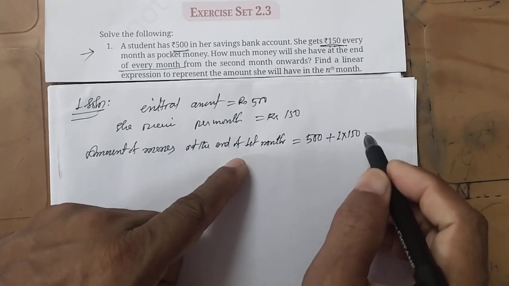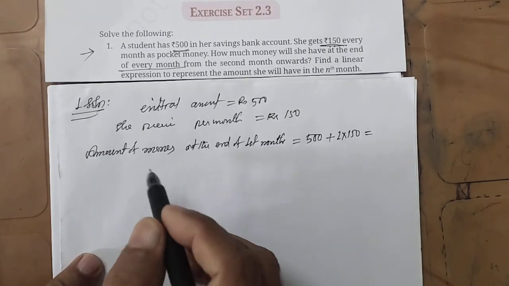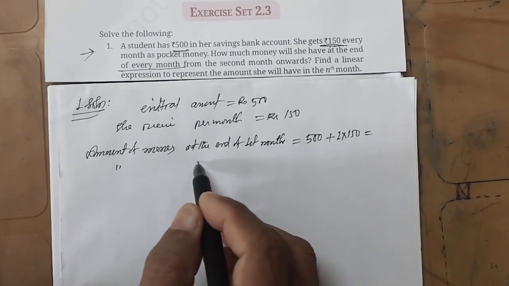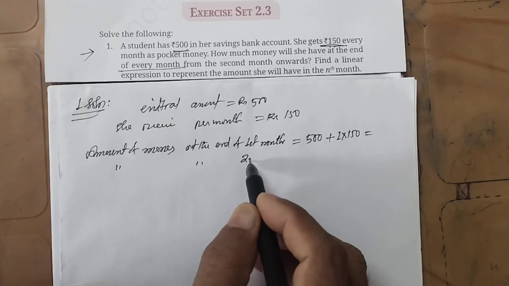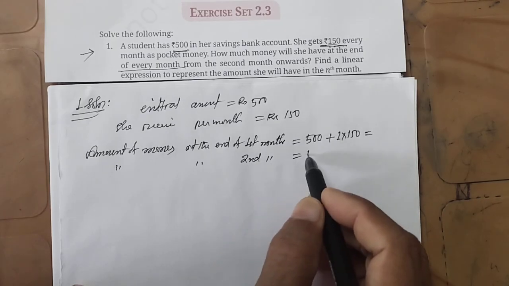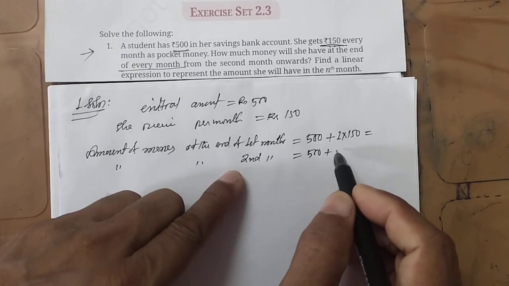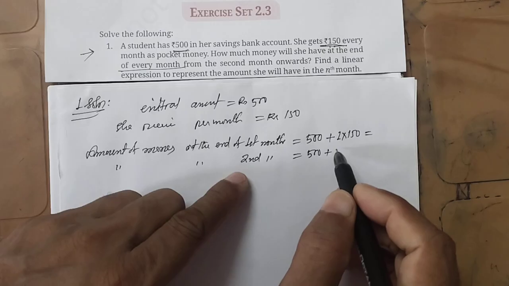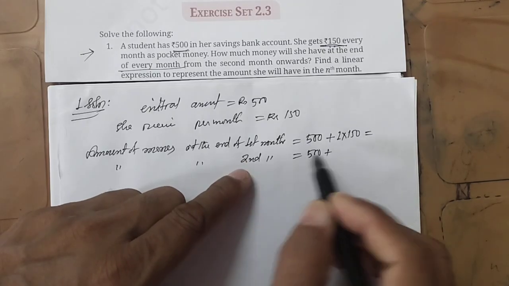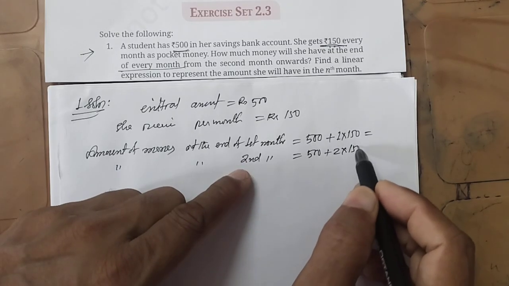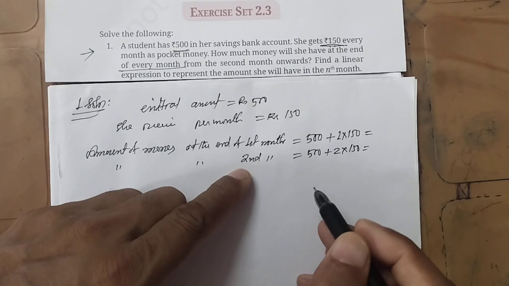So if we multiply, you will get the answer. Same way, amount of money at the end of second month. After 2 months, how much? Initially 500 and 2 months she is getting rupees 150 2 times. First month 1 time, second month 1 time. So 2 into 150. If you multiply, you will get the answer.